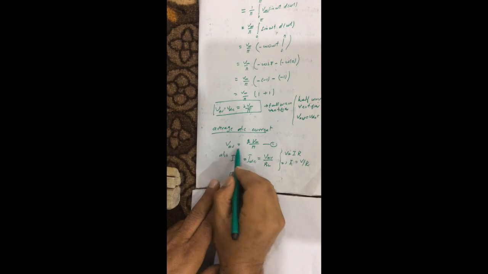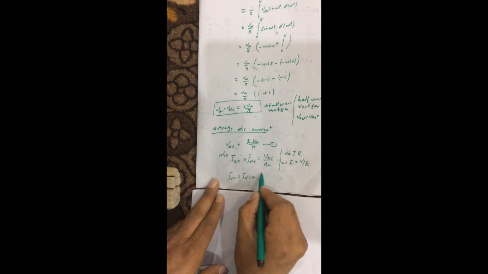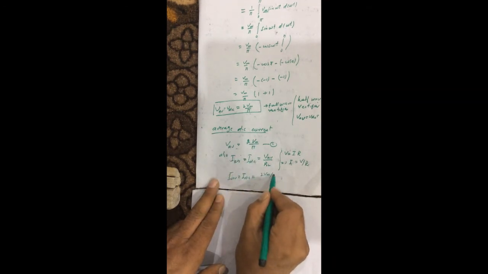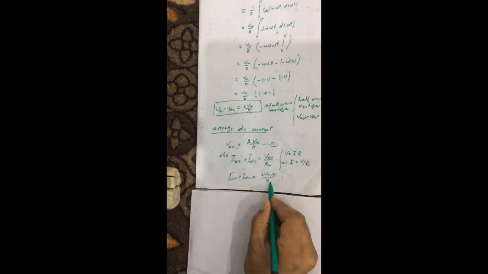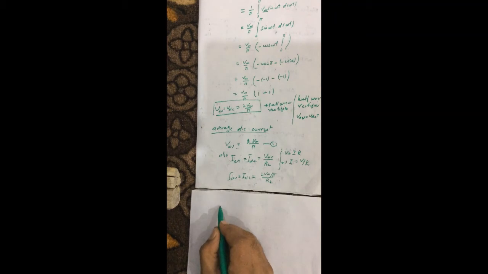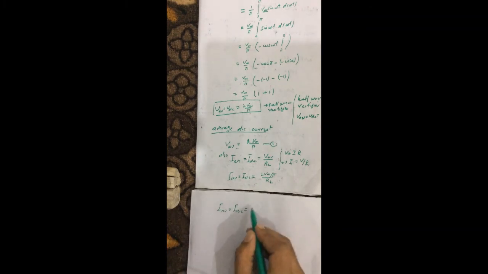So instead of V average, I will put 2 Vm over pi divided by RL. This is the load resistance. So I average is equal to IDC, which is equal to 2 over pi, and we have Vm over R here.